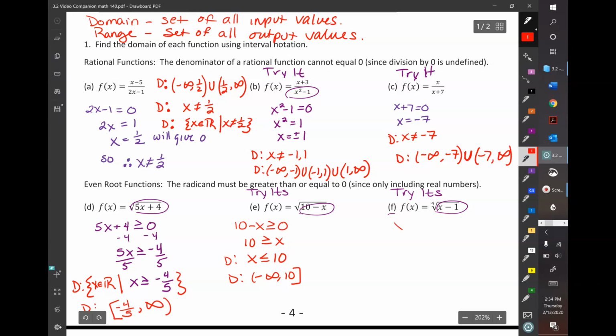For F, I'm going to do x minus 1 greater than or equal to 0, add 1 to both sides, x greater than or equal to 1. So I can leave it as that for my domain, or I can write it as a squared off bracket 1 comma infinity curved bracket.